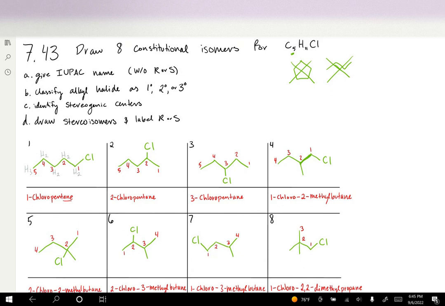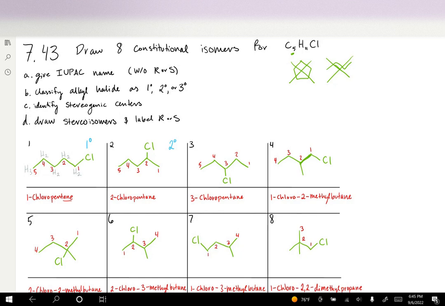So let's go through and identify our alkyl halides. On 1, we see this carbon 1 only is attached to carbon 2, where chlorine is, so this is going to be a primary. Here the carbon the chlorine is attached to has 2 other carbons, so we have secondary.